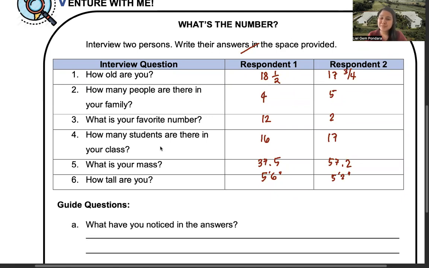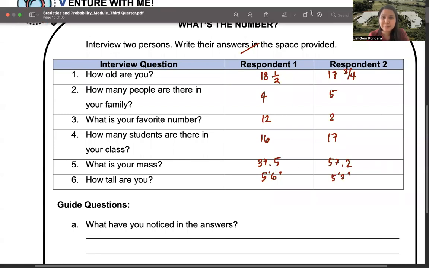But in reality, even if that person will sit, that's still counted as 3 because you could not count people or any population by half. So numbers 2, 3, and 4 are whole, while 1, 5, and 6 come with a fractional or a decimal part.